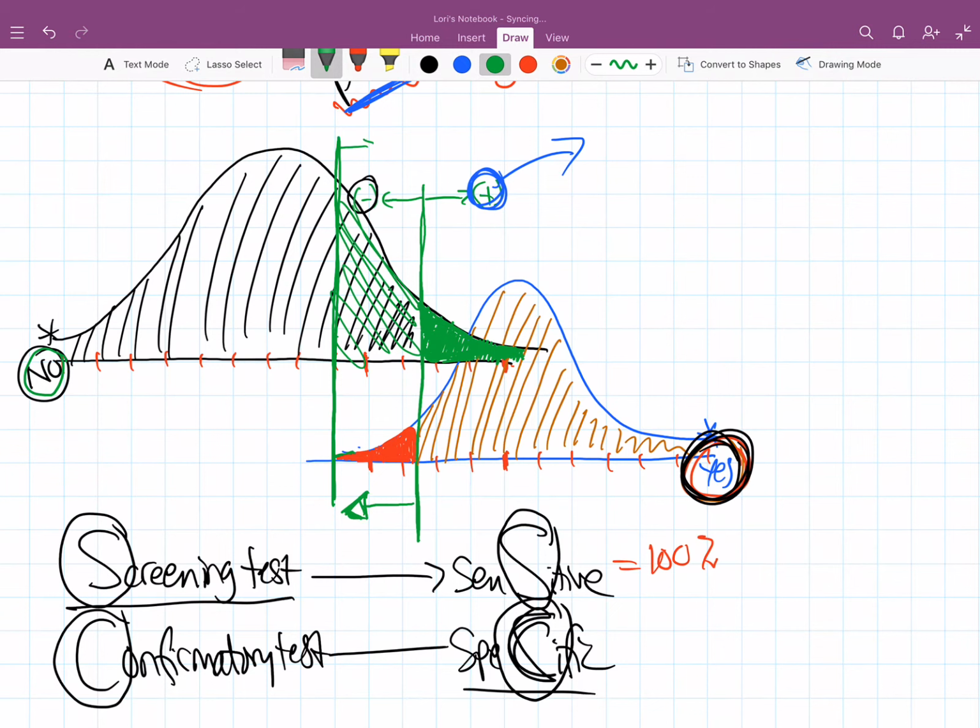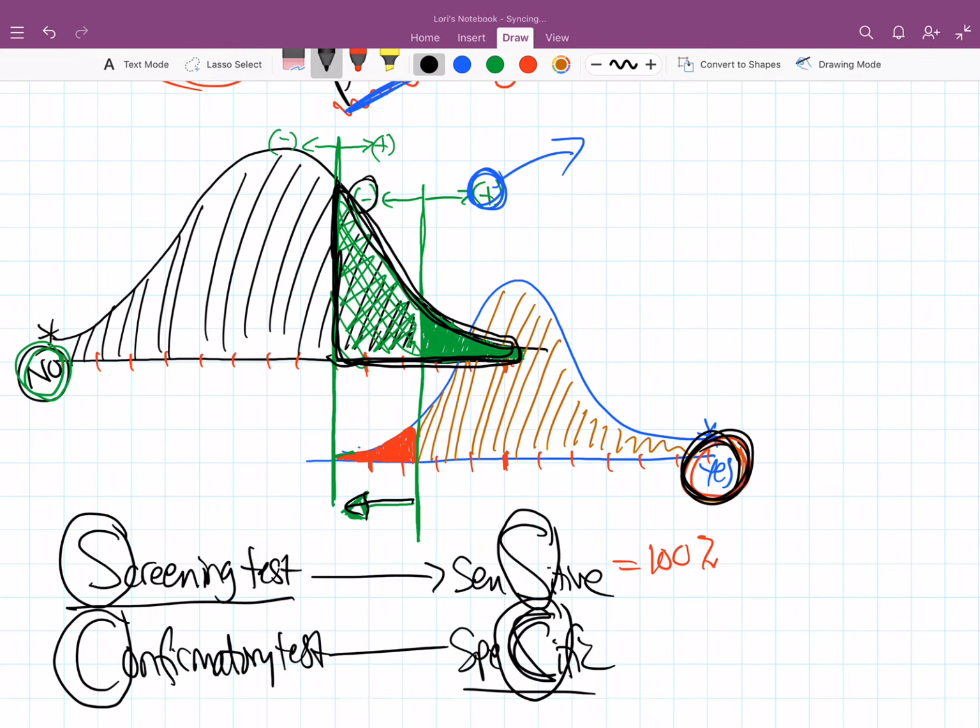Remember, now all of my positives are here, and all of my negatives are here. So all of these people tested positive, but we were wrong. These are people who don't have disease. And so this whole entire group right here, they're all going to go have confirmatory testing and go through all the pain and heartache of that waiting period and all that stuff. So by moving this cutoff down, we just decreased the specificity of that test.